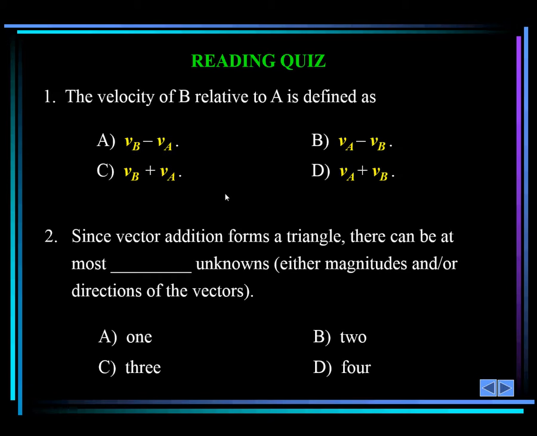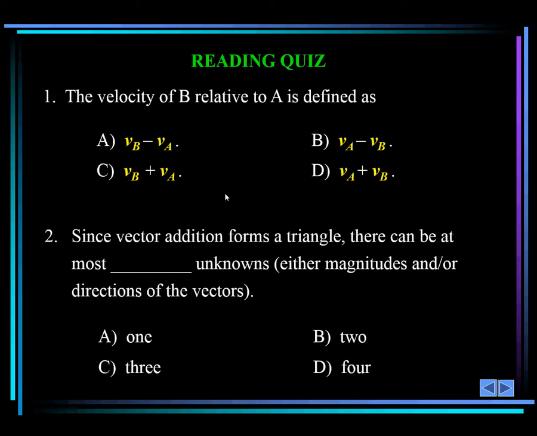So what can we know? Magnitudes are there. How many unknowns can there be? 1, 3, 2, 4? 4 is not possible.